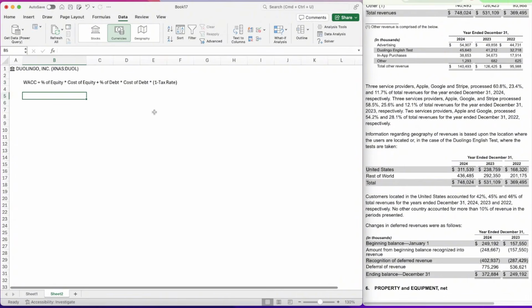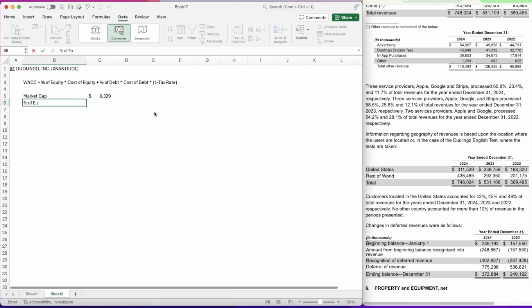So we need the market cap, which helps us find the percentage of equity. To do that, we just go equals A1 dot market cap divided by 1,000,000. So Duolingo has an $8 billion market cap, over $8 billion.